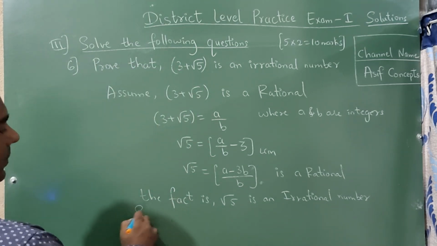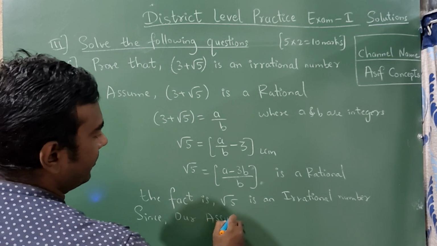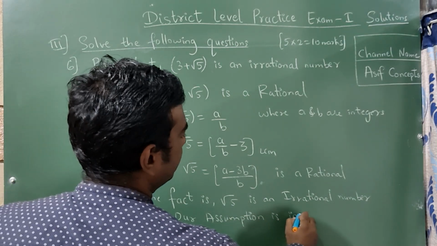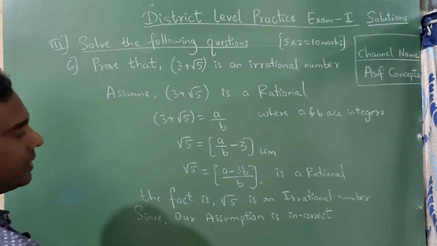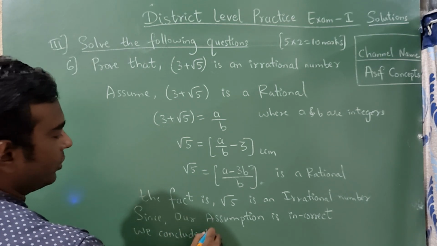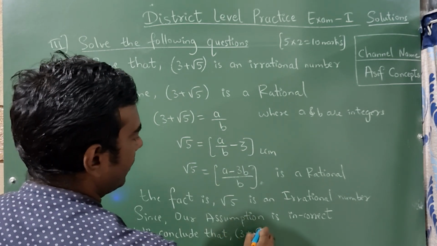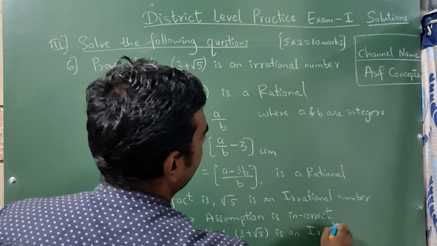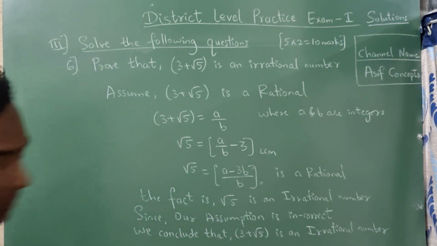Since our assumption is incorrect, we conclude that 3 plus root 5 is an irrational number.